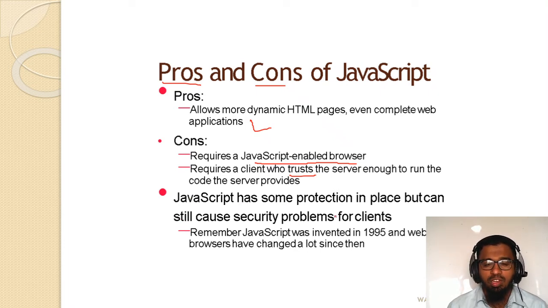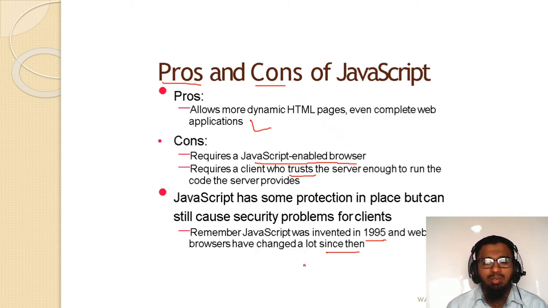JavaScript has some protection in place but can still cause security problems for the client. Remember, JavaScript was invented in 1995 and web browsers have changed a lot since then.